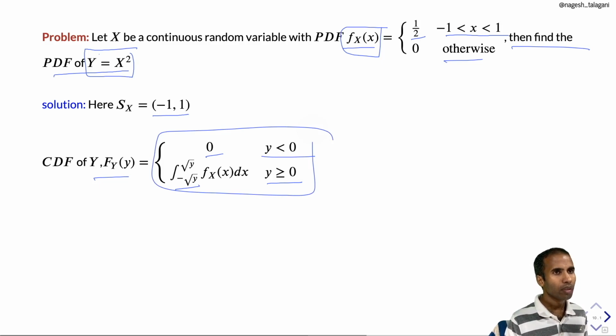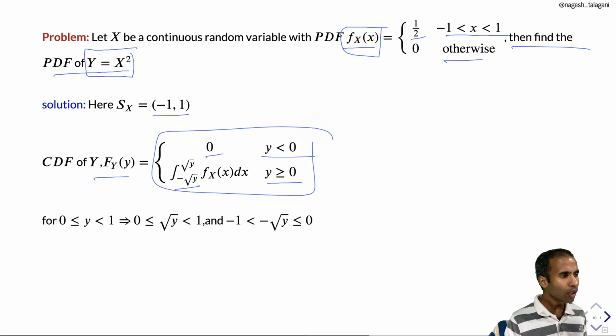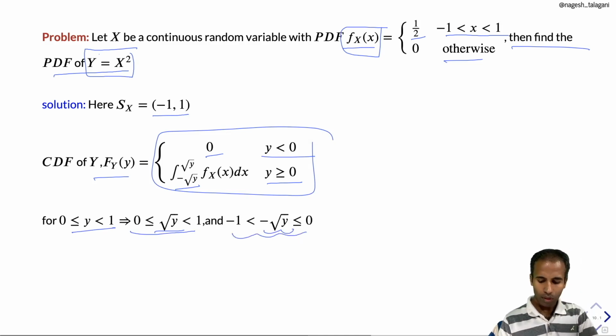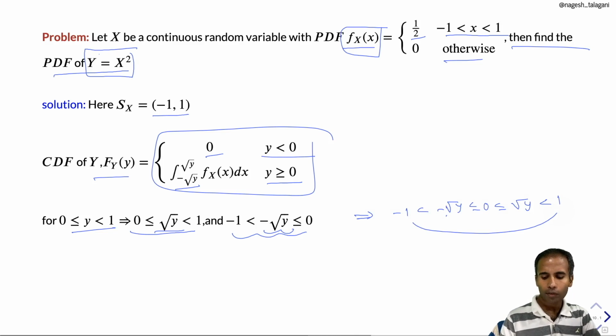Now for 0 less than or equal to y less than 1, we can see that root y is between 0 and 1, minus root y is between minus 1 and 0. That implies we can see that minus 1 less than minus root y less than or equal to 0 less than or equal to root y less than 1. That means minus root y and root y are also between minus 1 and 1.